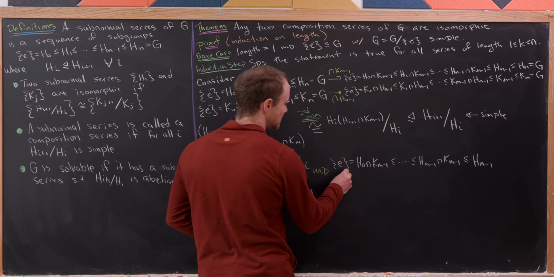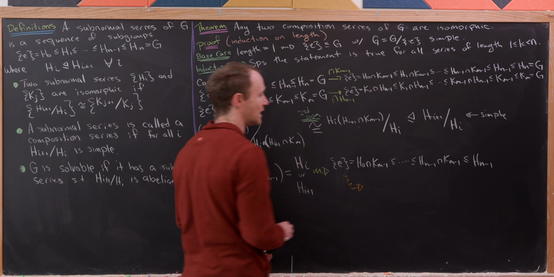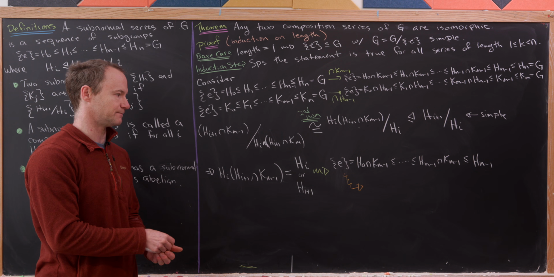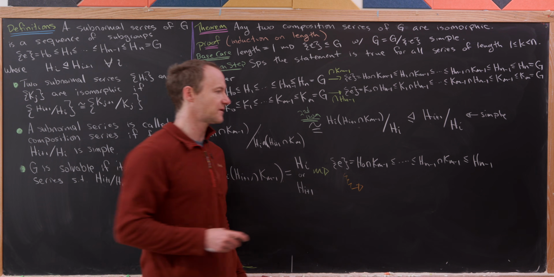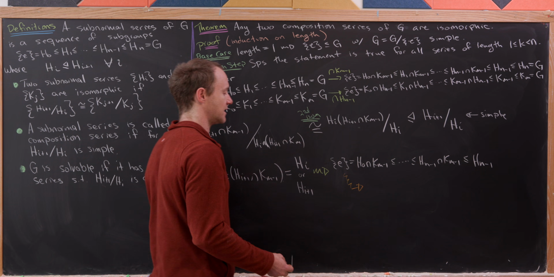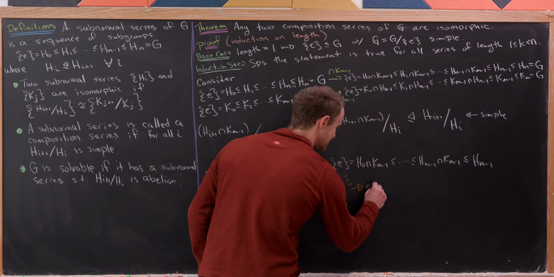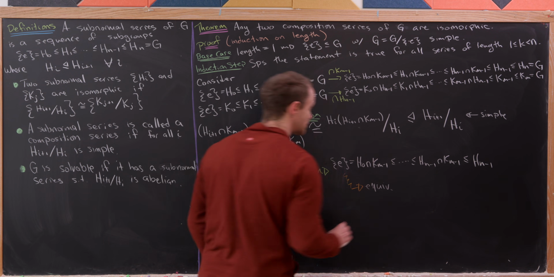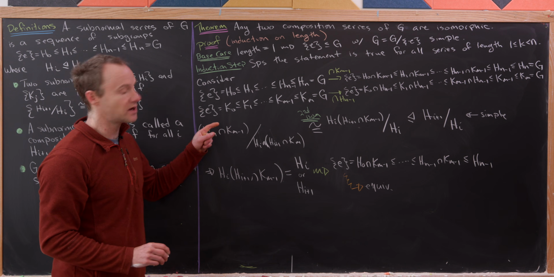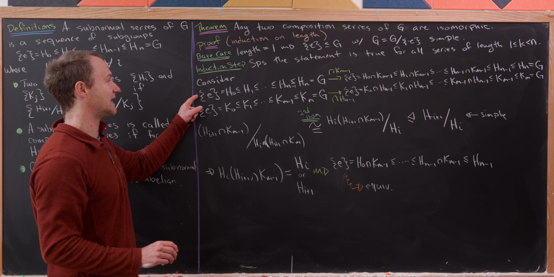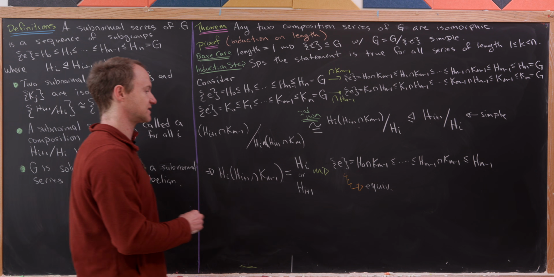Again, because it's so-called short enough to apply the induction hypothesis. So that means we've got a composition series that's short enough of Hn-1. But that means that it is equivalent or isomorphic to the composition series of Hn-1, which we get just from truncating our original composition series.